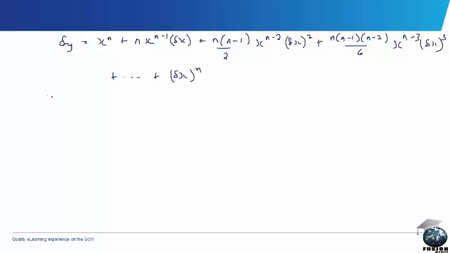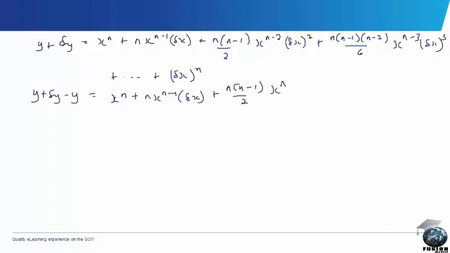So we can say that this is our dy, representing this in y plus dy. So y plus dy minus y will be equal to x raised to the power n plus n of x raised to the power n minus 1 dx, plus n into n minus 1 over 2 x raised to the power n minus 2 dx all squared, plus n into n minus 1 n minus 2 over 6 x raised to the power n minus 3 dx raised to the power 3.